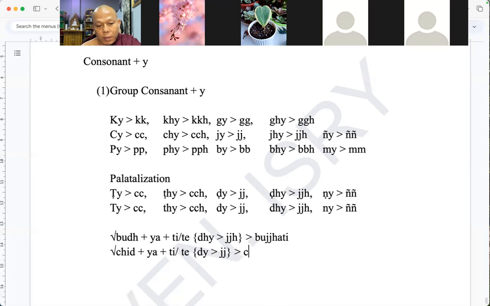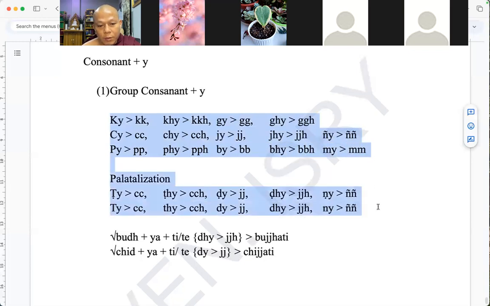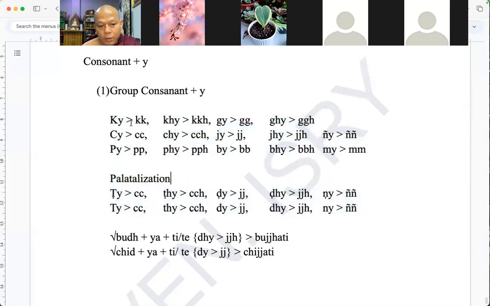So we have chejeti in this way. These are based on the group consonant. In group consonant, there are two ways. The first one is assimilation. The second one is palatalization.